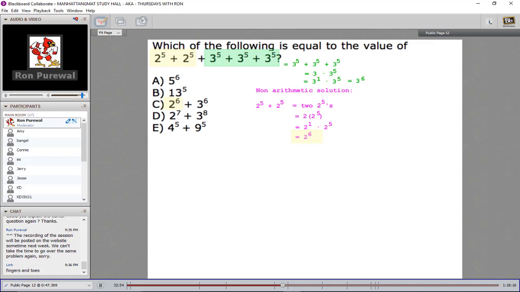But the thing is that you don't have to do this. That's the point. In this problem, you can also just do arithmetic. And when you review the problem, the main point of reviewing problems is to come up with as many ways as you can to solve them. So when you review this problem, you should focus on how else I can do this besides whatever I did the first time.